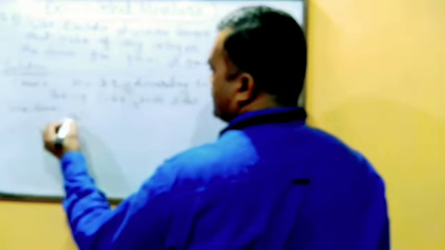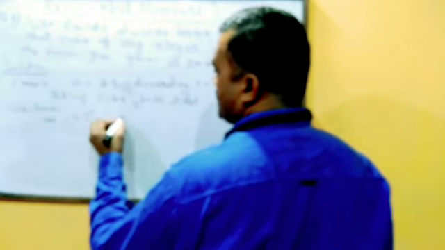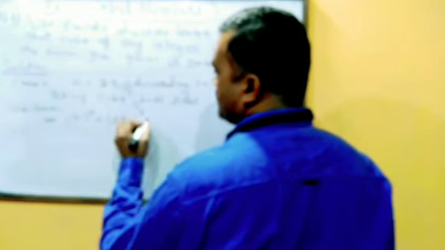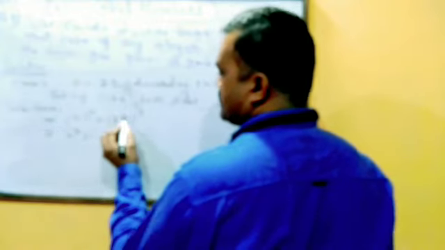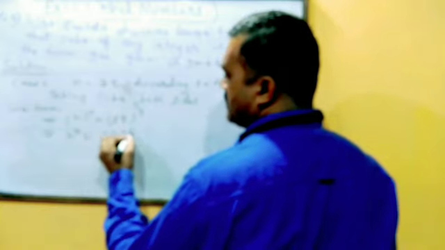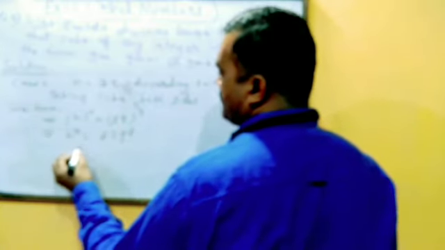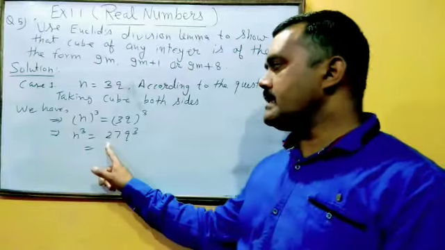So this is n cube is equal to (3q) cube. Here we have n cube is equal to 3 3s are 9, 3 9s are 27 q cube. Now you can see 27 means 9 into 3.